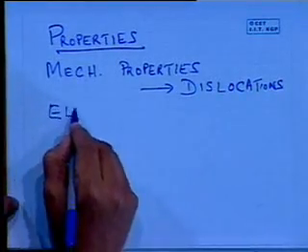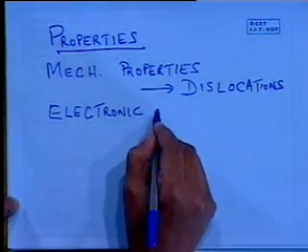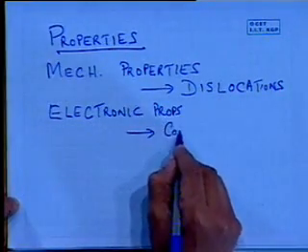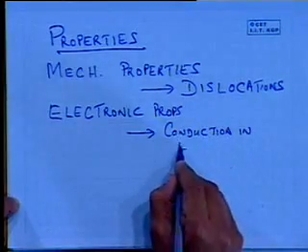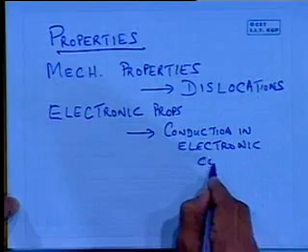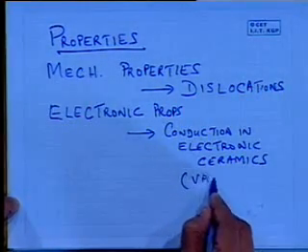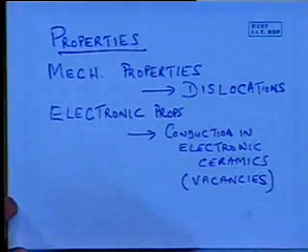Take electronic properties, for example, which is what we will focus on. The conduction, for example, in electronic ceramics, which we'll take up later in the course, is governed by defects known as vacancies. All right?